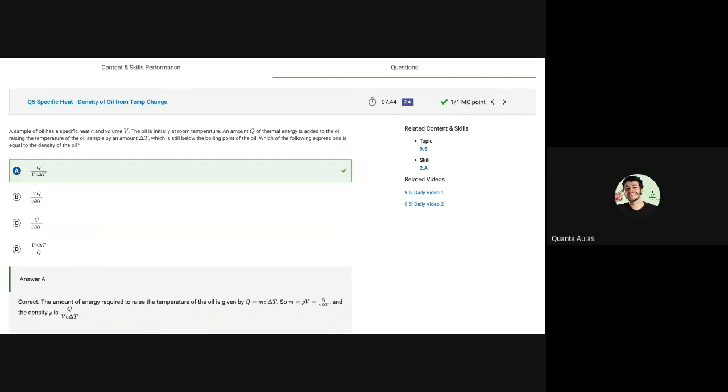Right. Sometimes we will use this equation for other things. So I suppose this is the most important equation here, because sometimes we need to use this for gas, for example. So we can change some terms here.